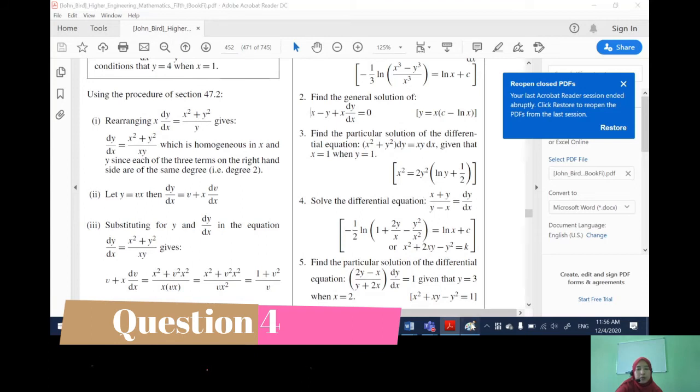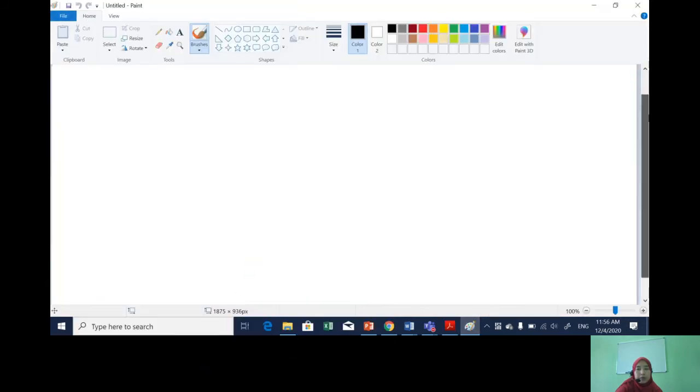This time I'm going to show it on the new screen. I'm going to write down the original equation: x plus y over y minus x is equal to dy dx.